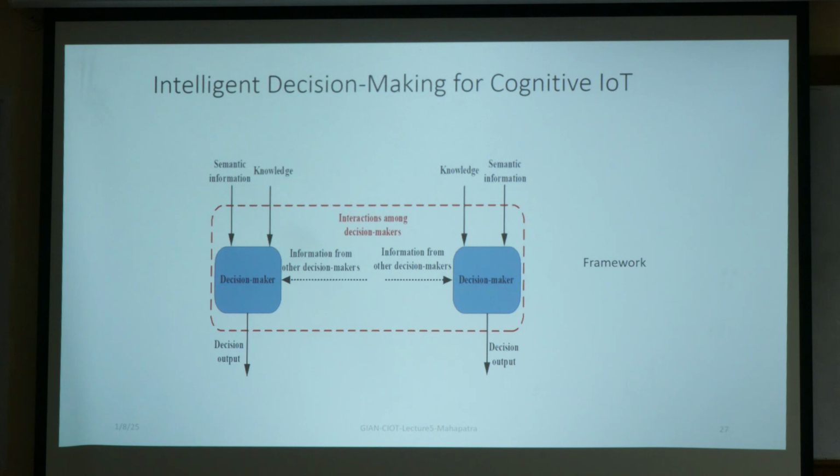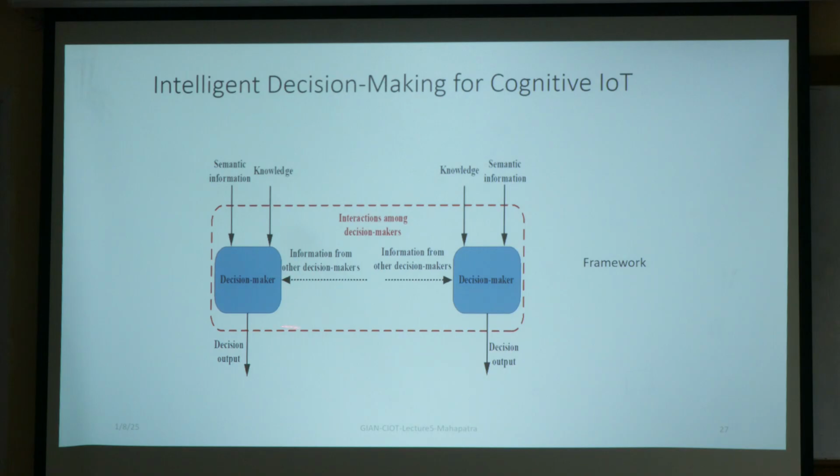Now, as this diagram or framework shows, in the last few slides you saw that we got semantic information and also knowledge. Both are now input to the decision maker, and you may have several of them. So you get multiple decisions.